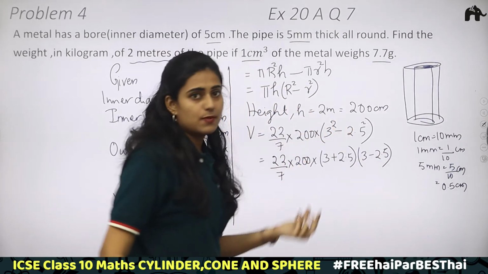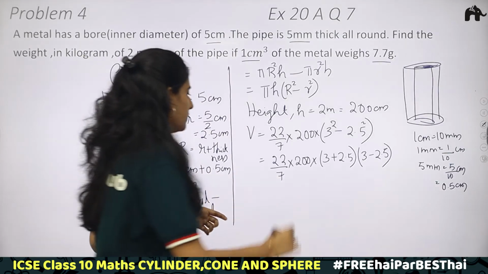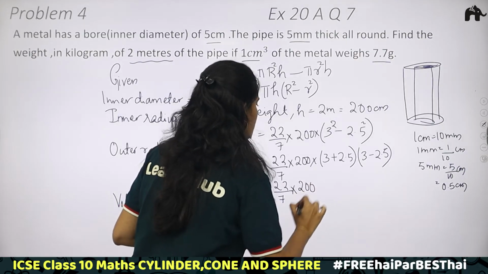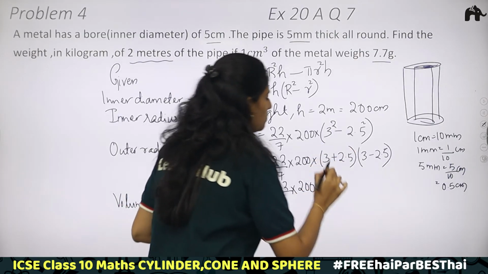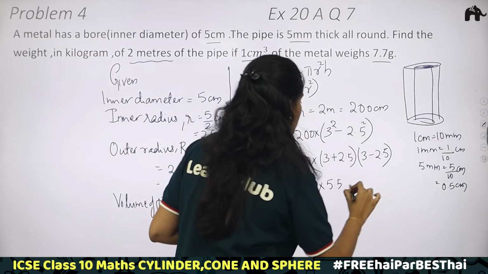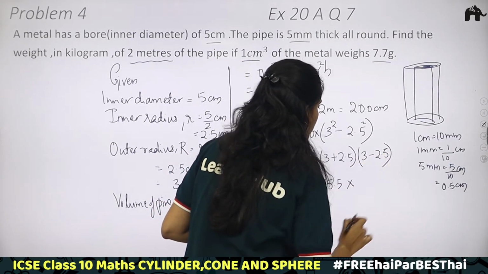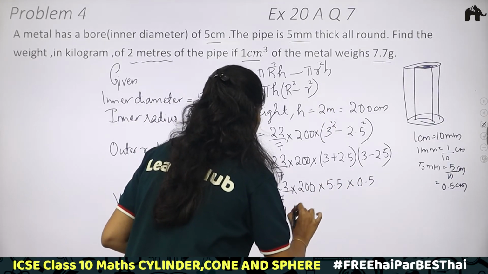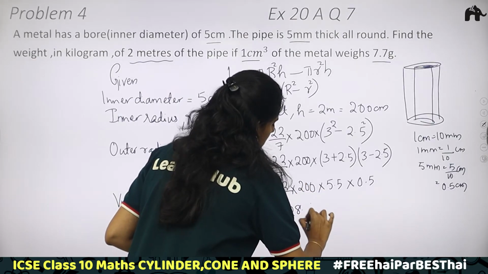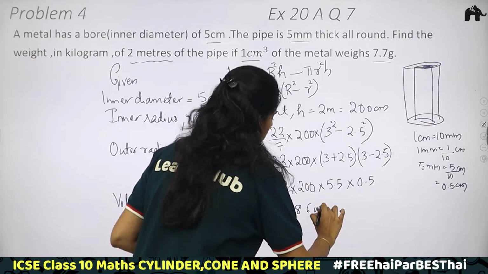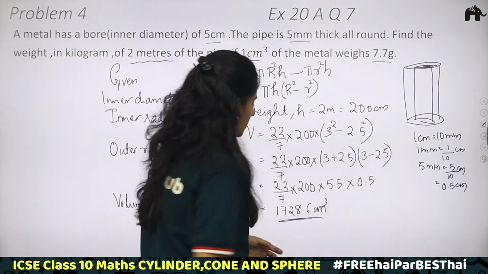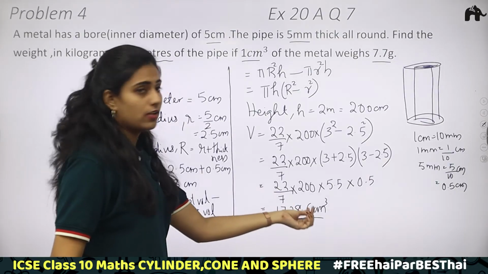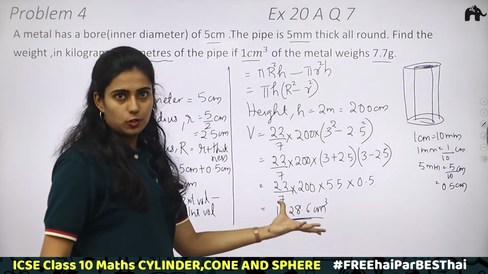Okay, a square minus b square equal to a plus b into a minus b. That is 22 by 7 into 200 into 3 plus 2.5, 5.5 into 3 minus 2.5 is 0.5. When you calculate this, you will be getting 1728.6 centimeter cube is the volume.